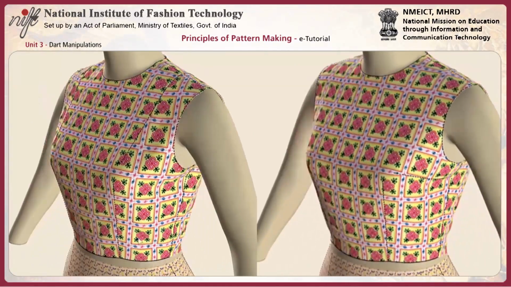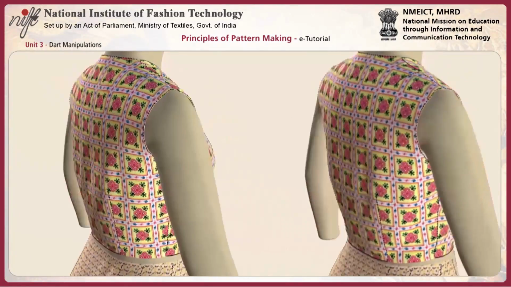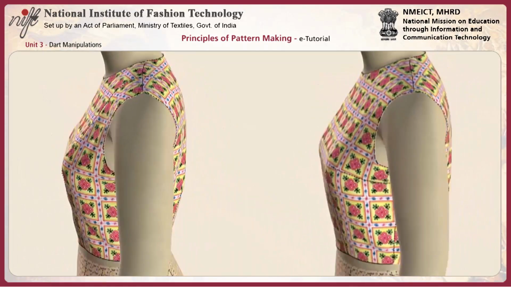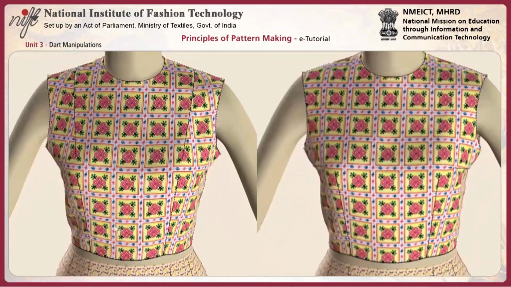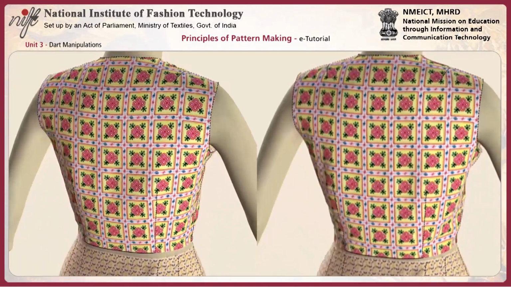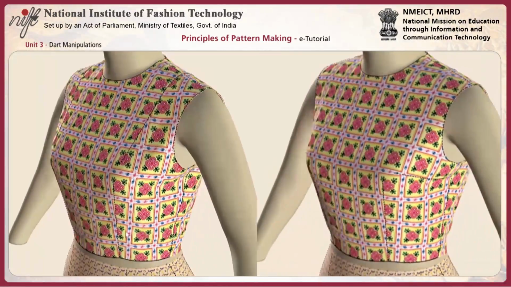In these two cases, there is no change in the fitting of the garment. Only the front shoulder dart of one of the garments is relocated to underarm. The overall fitting and shape is similar in both the cases.